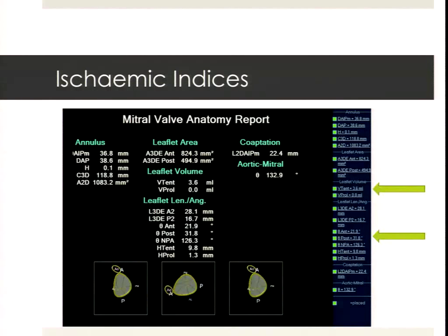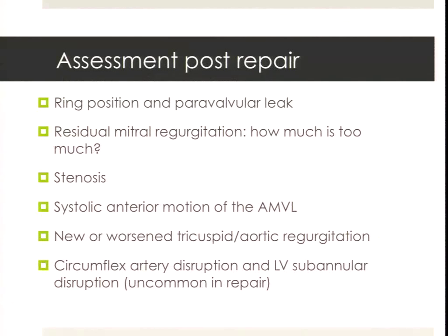All right, so you've decided to do repair, you think it's reparable, surgeon's done it, you've come off bypass, what are you going to look at? So you need to look at the ring position, and whether there's any paravalvular leak. You need to decide how much is going to be too much residual regurgitation. You need to decide whether there's stenosis, whether there's any SAM.